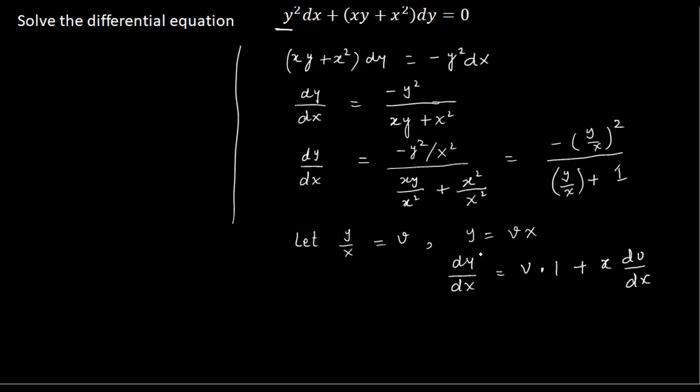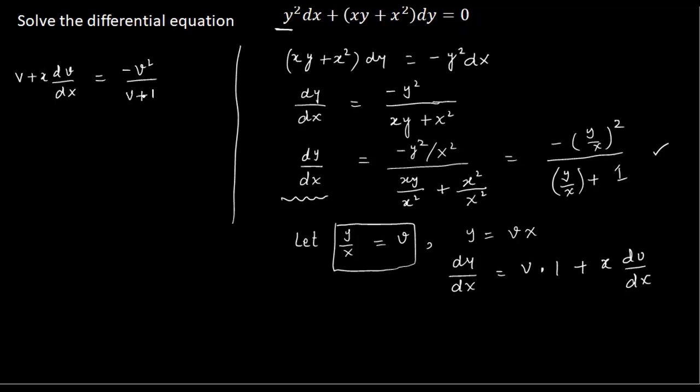Now substitute this simple substitution y over x and dy over dx in this equation. We end up getting dy over dx is v plus x dv over dx, and the right side is simply minus v square over v plus 1.